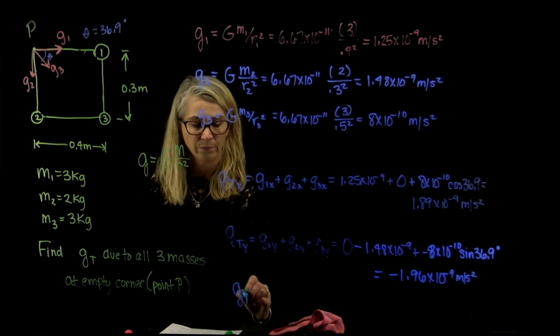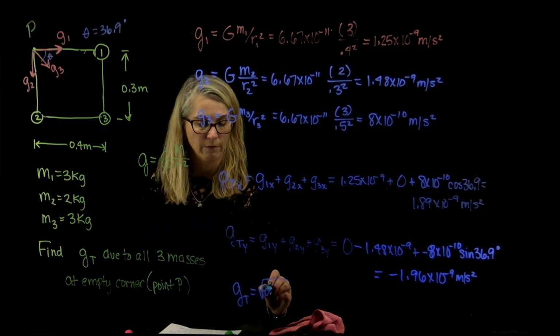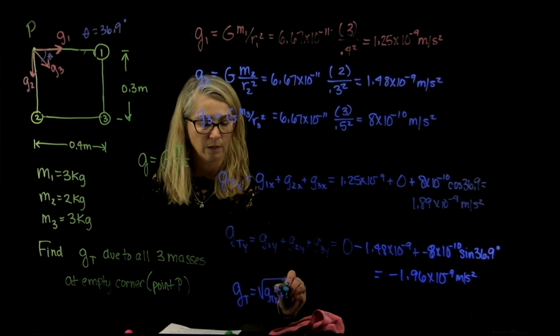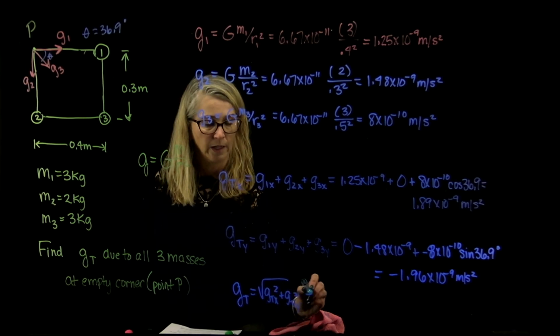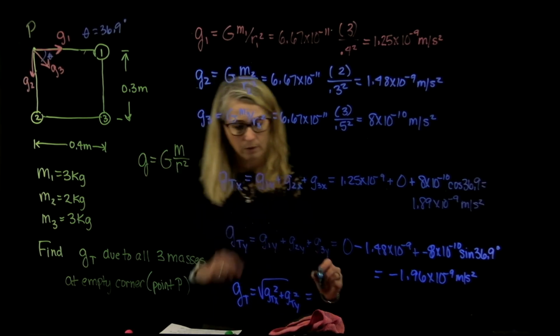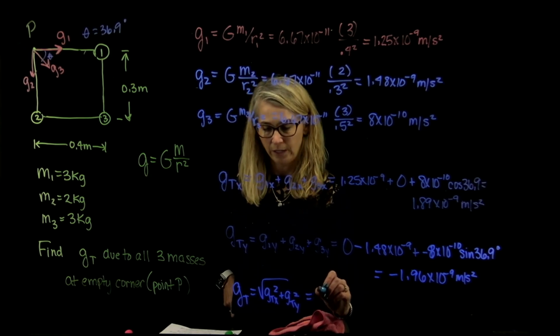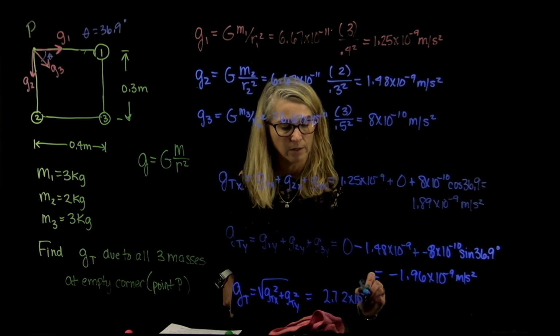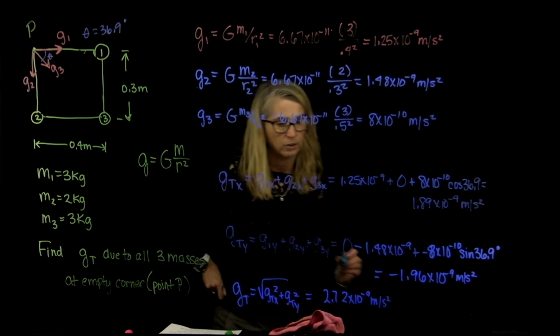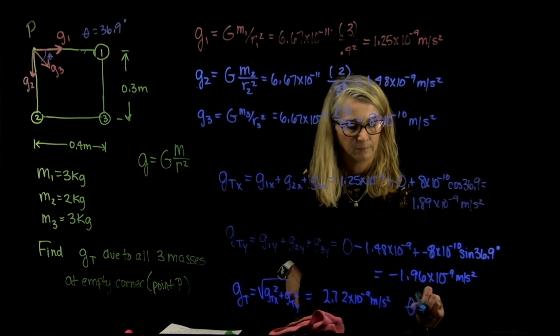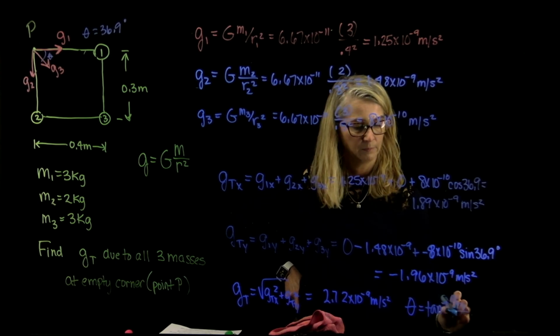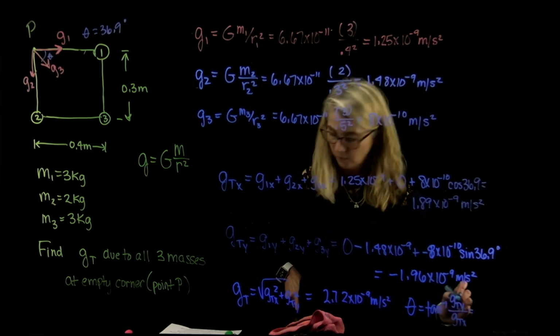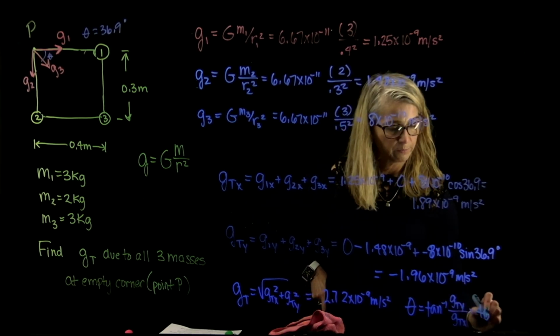G total is going to be the square root of x squared plus y squared. And we find the total gravitational field at that point is 2.72 times 10 to the minus 9 meters per second squared. And when we find the angle, it's 46 degrees.